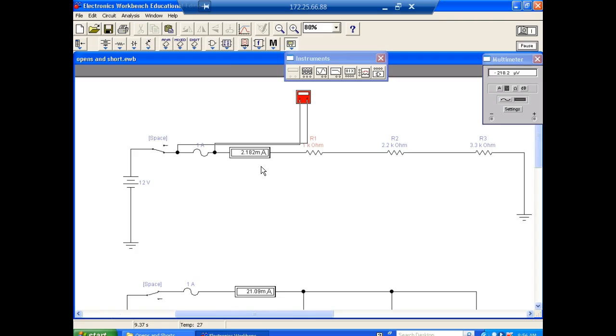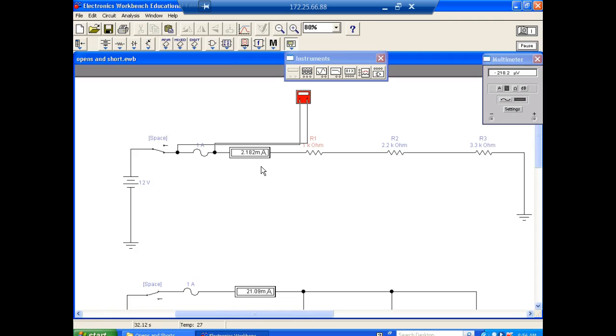A fuse is going to drop a little bit of voltage because it's got to have resistance, but almost no resistance. Because if it didn't have resistance, it would never melt, right? You understand that? So it's dropping right now 218.2 microvolts, which is basically nothing.